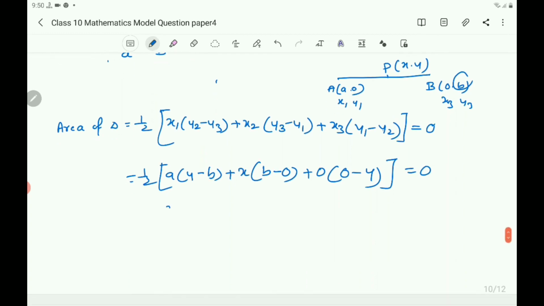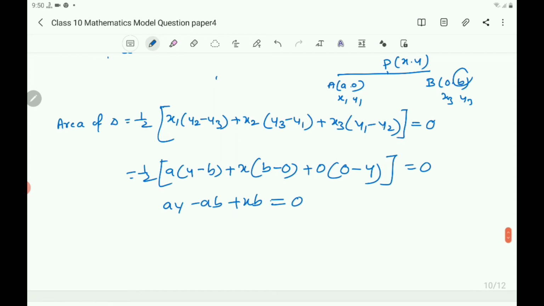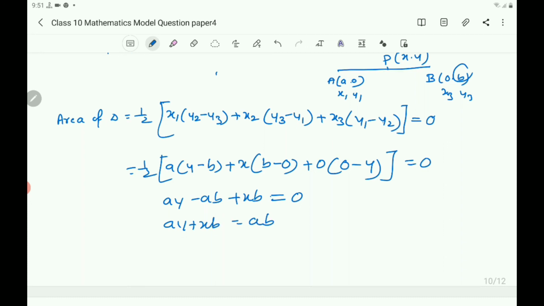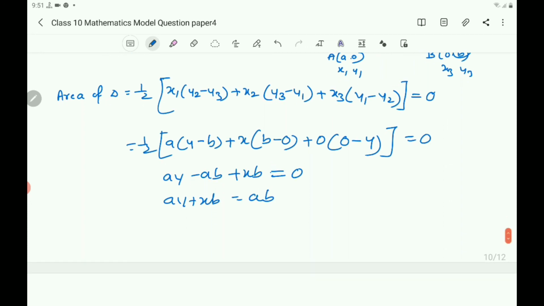Then you write ay minus ab plus xb equals 0. So you write ay plus xb equals ab. Divide both LHS and RHS by ab.